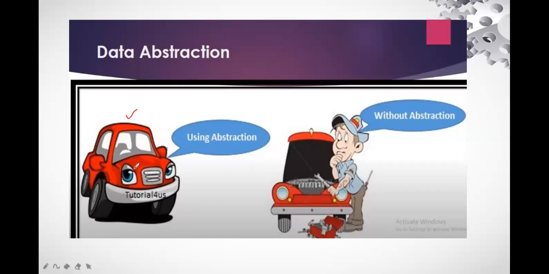So this process is called data abstraction. That means the data is hidden from the programmer, and this is done just to reduce the complexity of the programming so that it can be easily used, right? So this is called abstraction. Abstraction is very helpful and useful in the programming part.